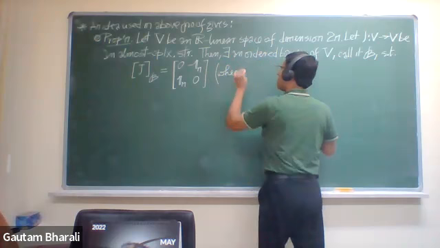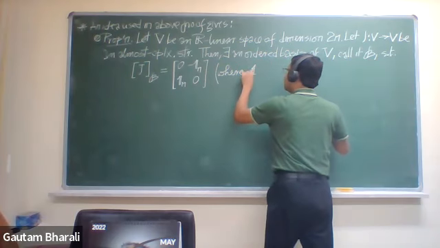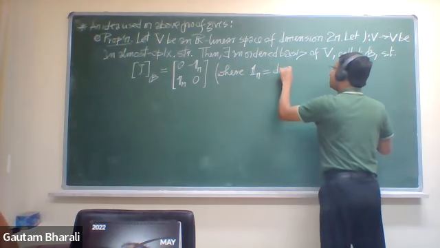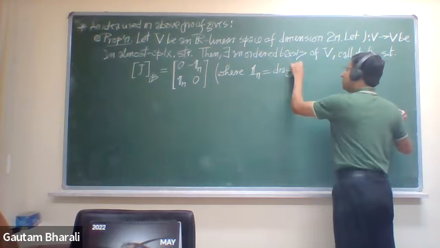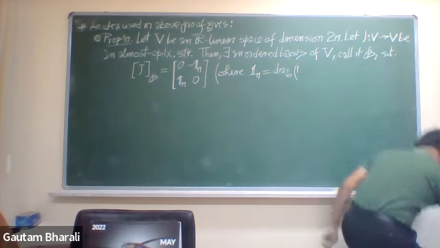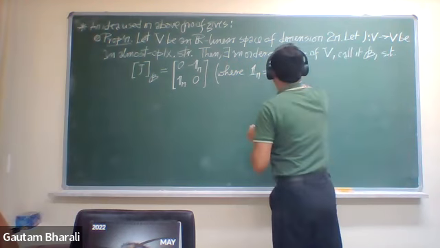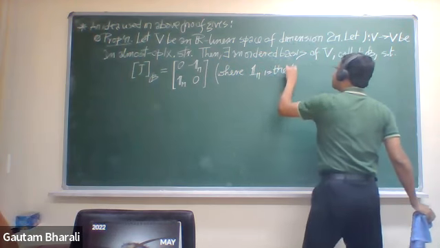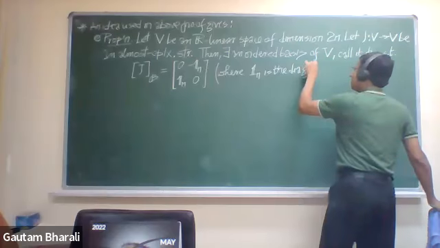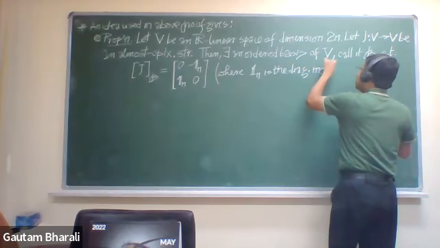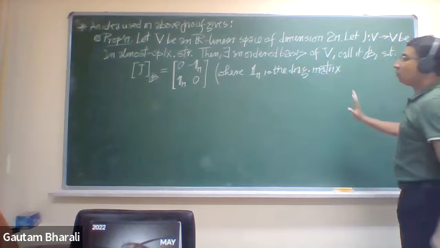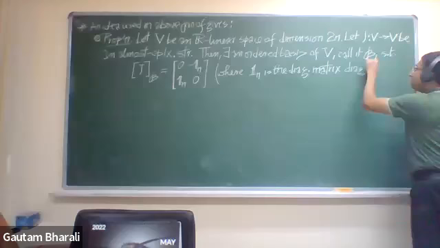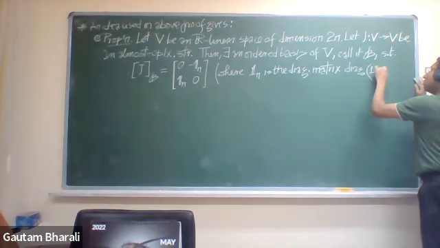where 1 sub n is just a diagonal matrix with diagonal entries equal to 1. So I should probably say this is the diagonal matrix, all of whose diagonal elements are 1.